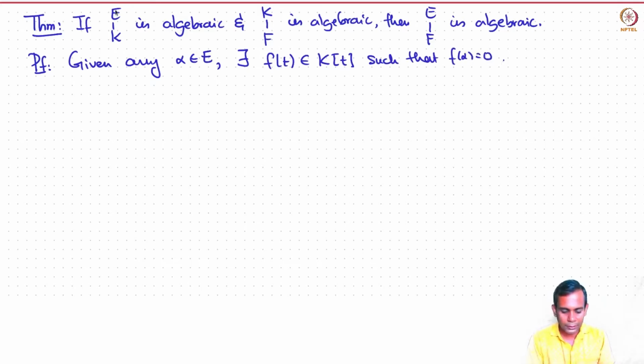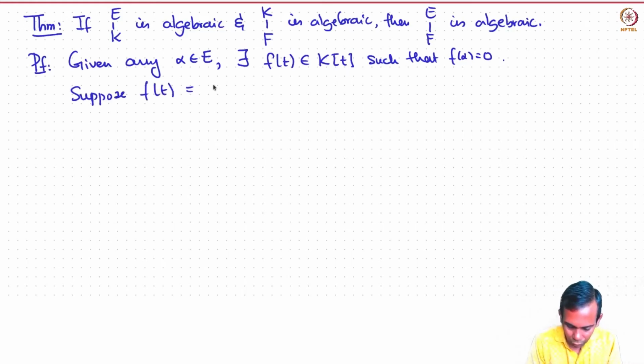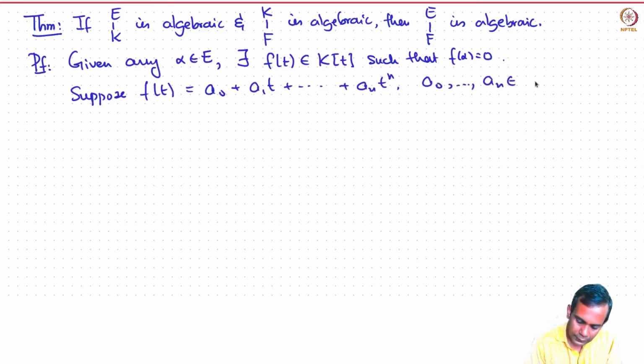This is just because α is in E, which is algebraic over K, so α is algebraic over K. And so you have a polynomial with coefficients in K. So suppose f(t) is of the form a_0 + a_1 t + ... + a_n t^n, where a_0 up to a_n all have to be elements of K. Now, what we want to show is that the degree of F(α) over F is finite.